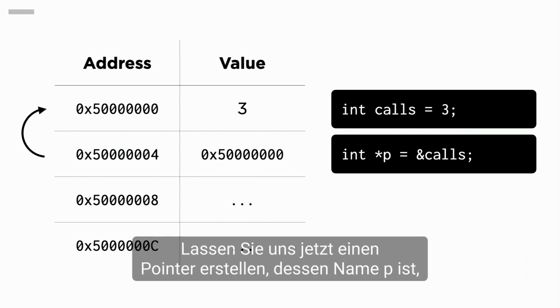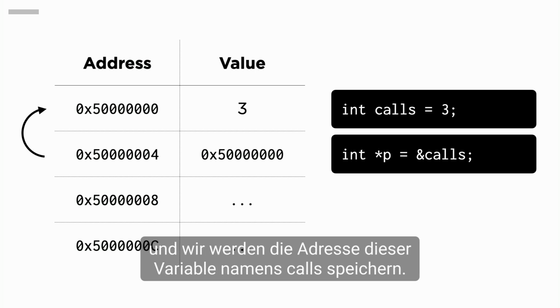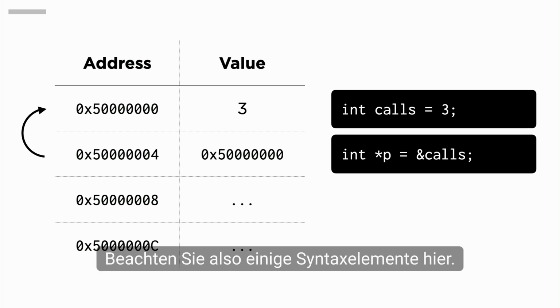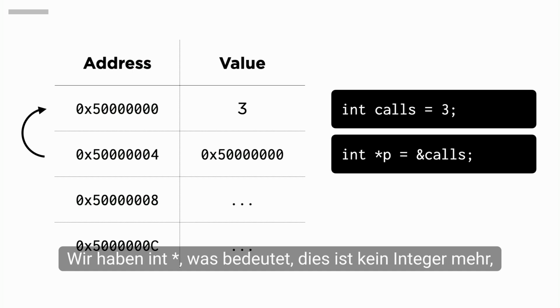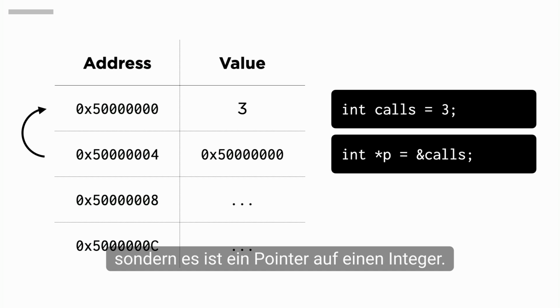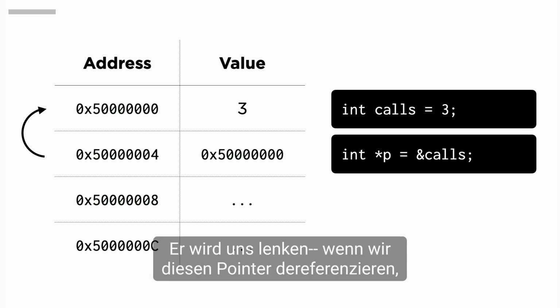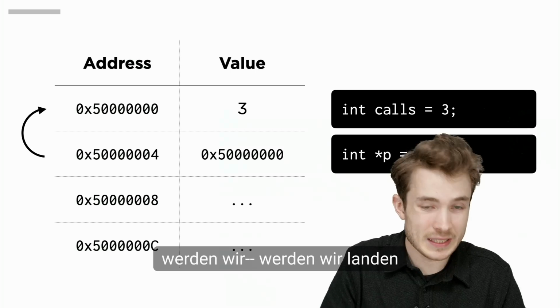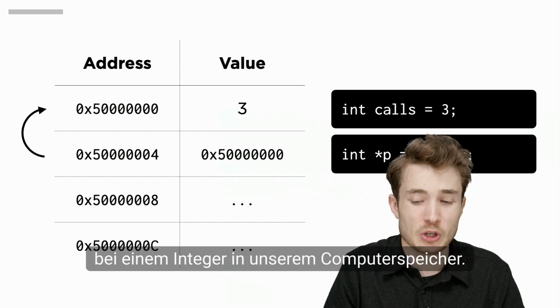Let's create now a pointer whose name is p, and we're going to store the address of this variable named calls. So notice a few pieces of syntax here. We have int star, which means this is no longer an integer, but it is a pointer to an integer. If we dereference this pointer, we're going to end up at an integer in our computer's memory.